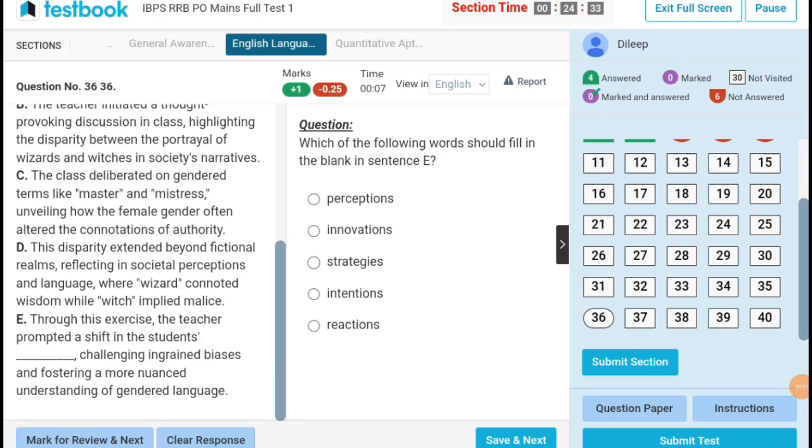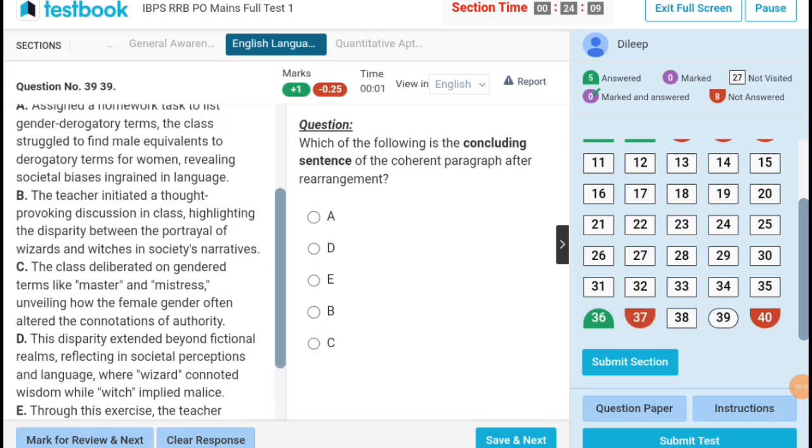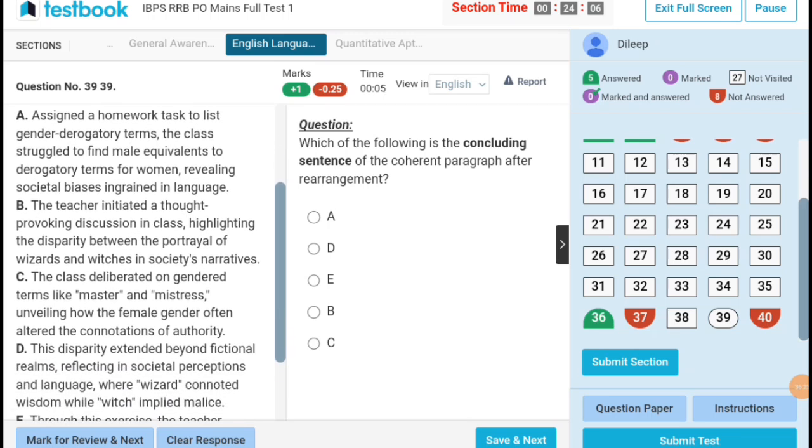Next, through this exercise the teacher prompted a shift in the students' perceptions. Assigned a homework task to list gender derogatory terms.